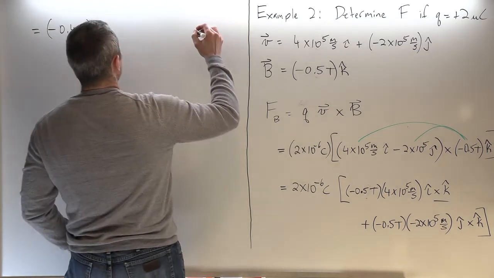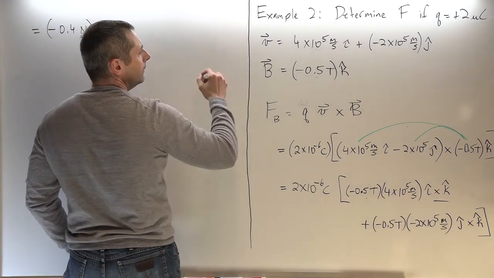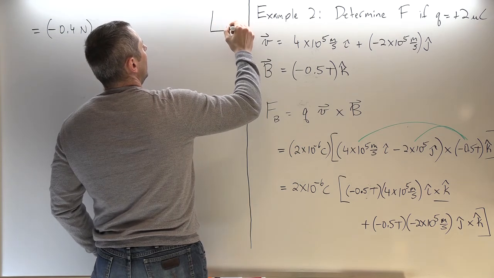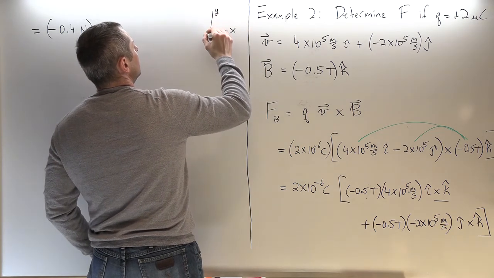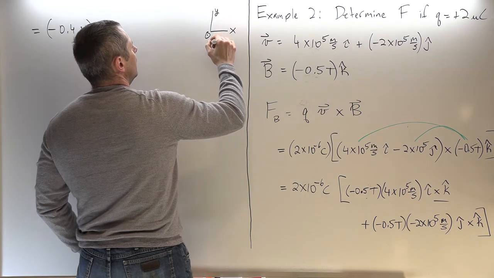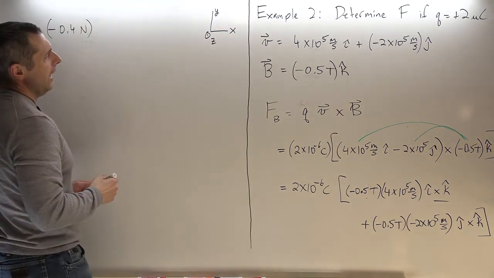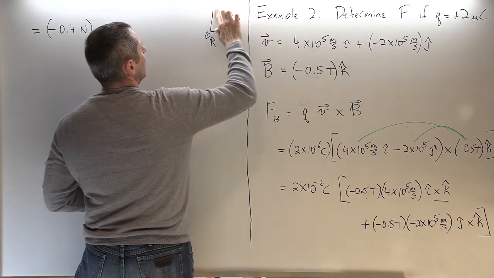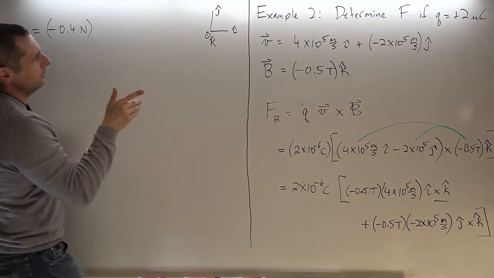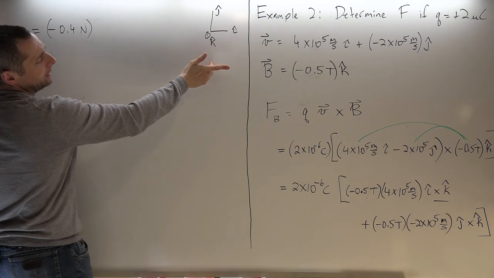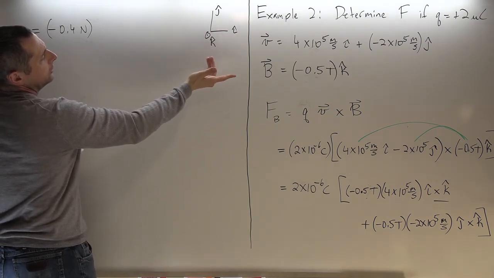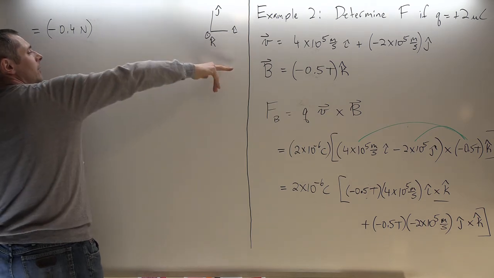So again, I can do x, y, and then z. So I have to do this i hat cross k hat. I've got to get these 3 fingers to come out of the board. I can't do it this way. Let me turn this way.